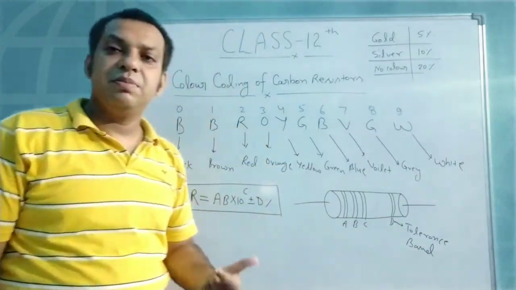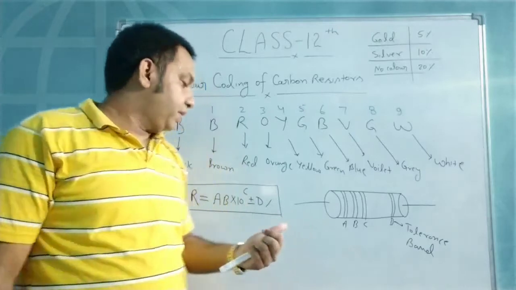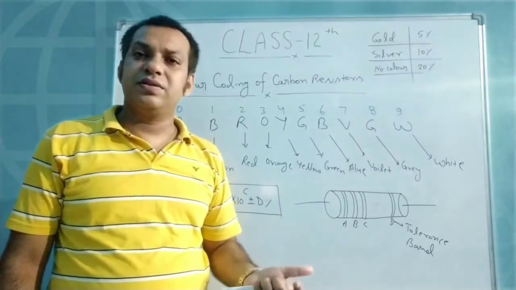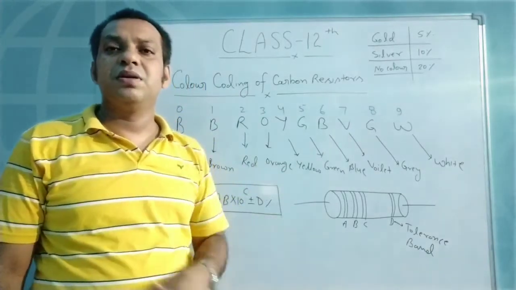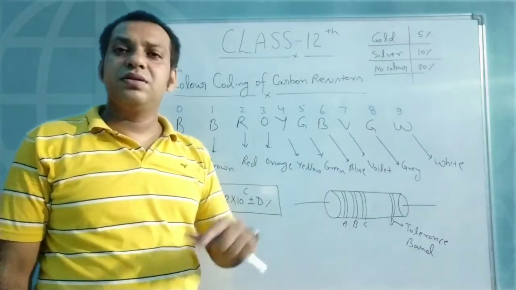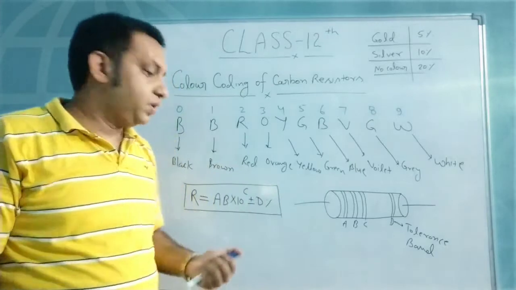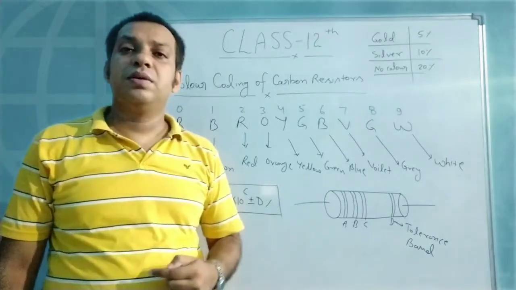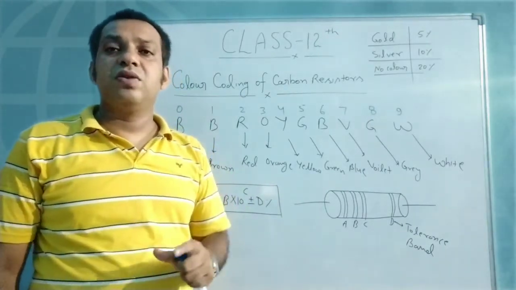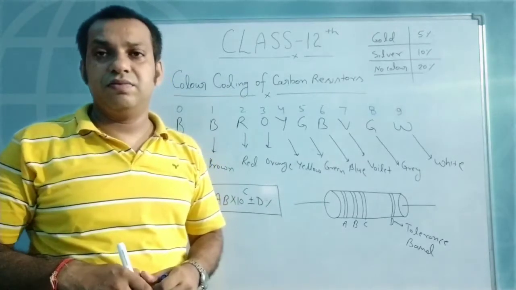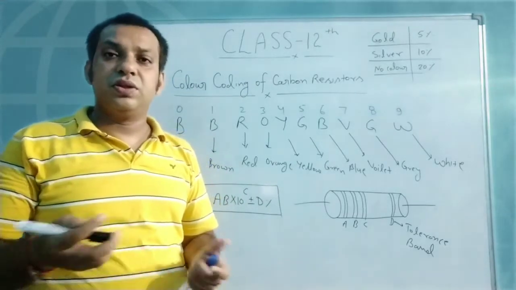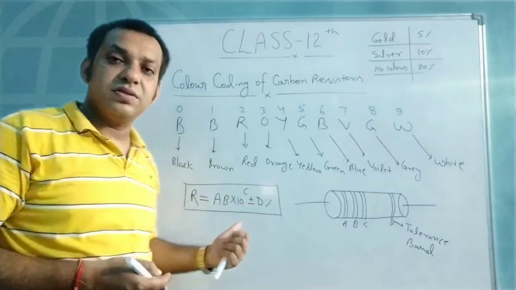So what is the physical meaning of the tolerance? See, any resistance value is not fixed. That value depends upon the environmental conditions. If the environmental conditions change, the value of the resistance also changes. So this tolerance band gives you the permissible range of fluctuation of the resistance. You know that if the temperature changes, the resistance also changes.